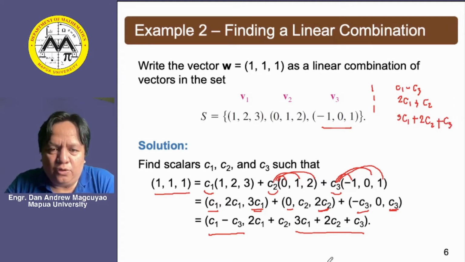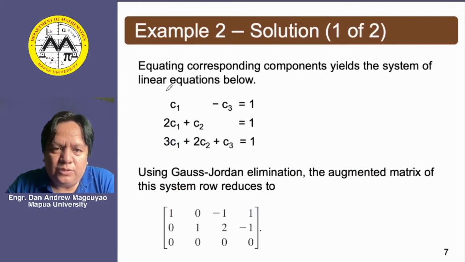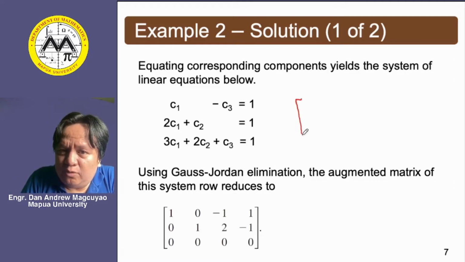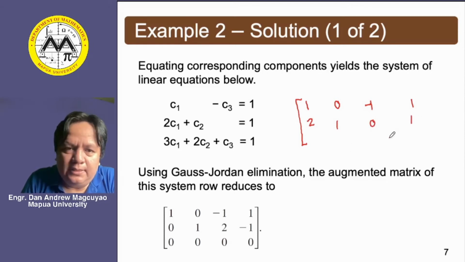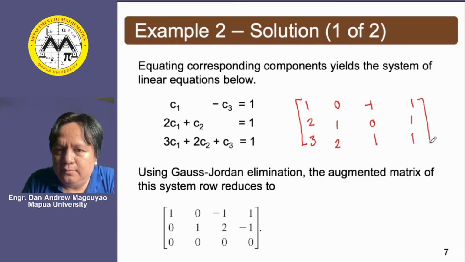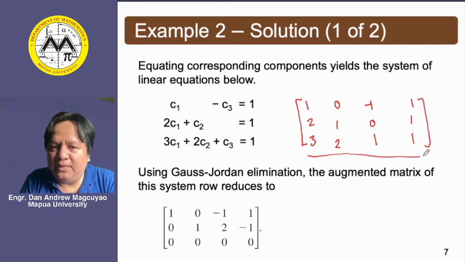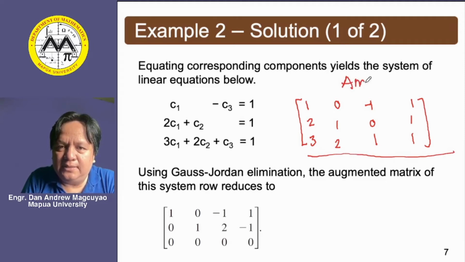Taking note of that, c1 minus c3 is equal to 1, 2c1 plus c2 is equal to 1, and 3c1 plus 2c2 plus c3 equal to 1. We can write this in augmented matrix form: [1, 0, -1, 1; 2, 1, 0, 1; 3, 2, 1, 1]. Now this is the augmented matrix.